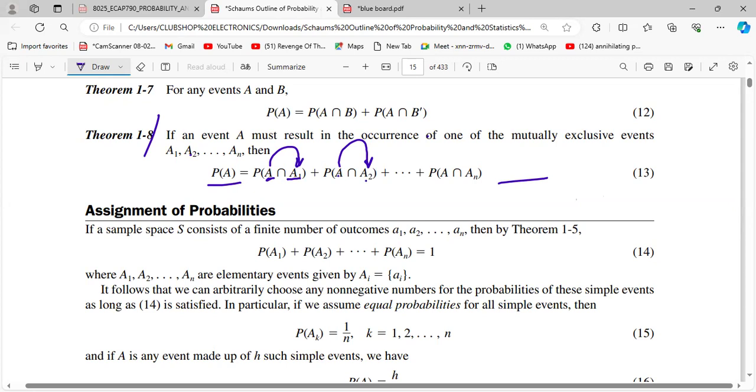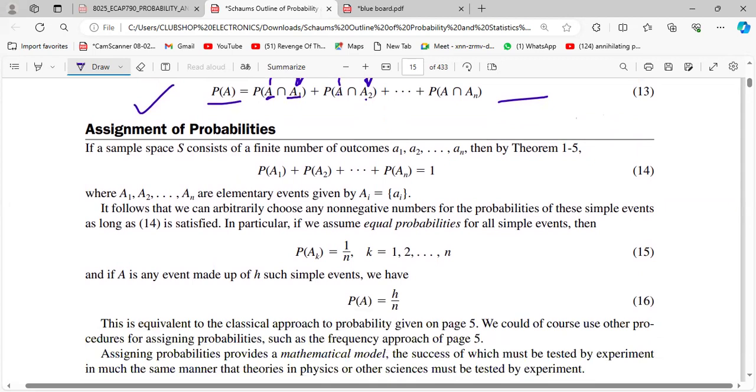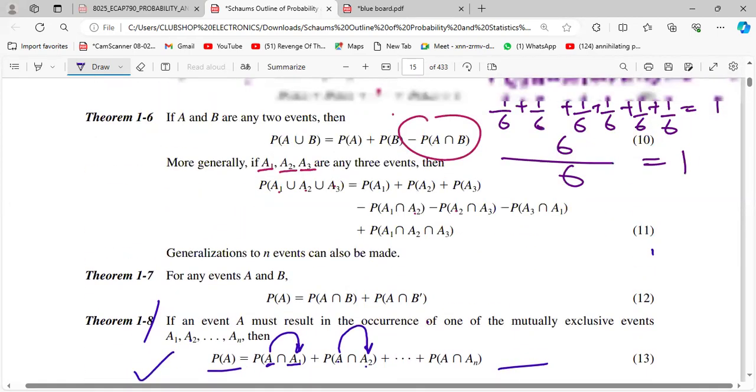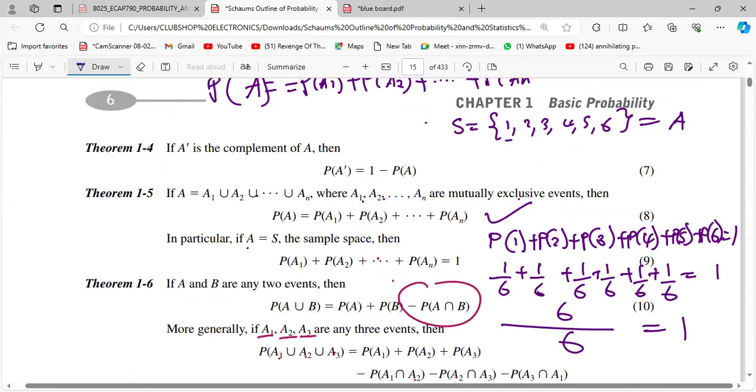Okay, then assignment of probability. We are saying if a sample space S consists of a finite number of outcomes A1, A2 up to AN, by theorem 5, the probability of A is the same as the probability of A1 plus A2 plus so on and so forth.